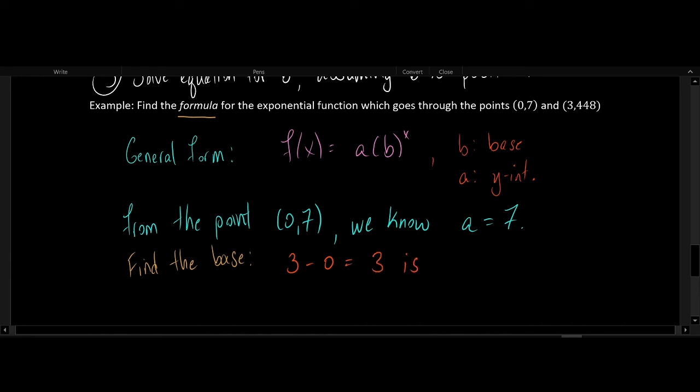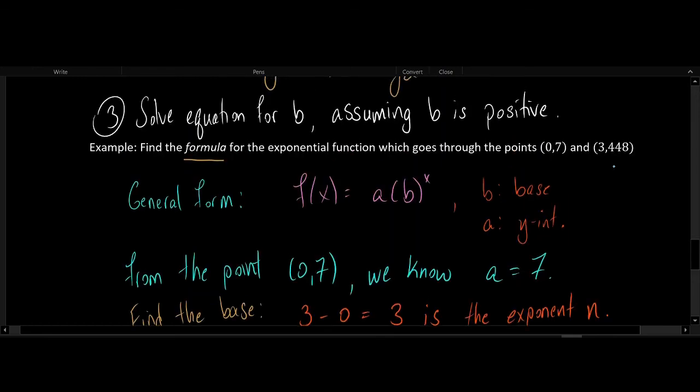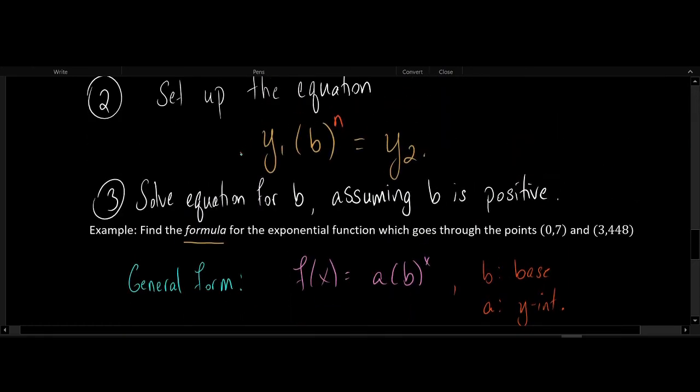Well, x had to increase 3 units to go from 0 to 3. So 3 is the exponent n. Next, I'm going to use 3 and set up the equation where I take the first y, multiply it by b to the power 3, and set it equal to the final y.